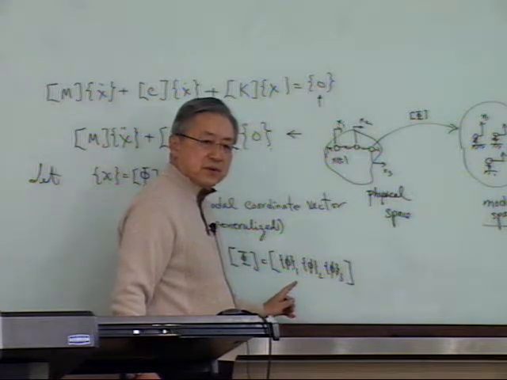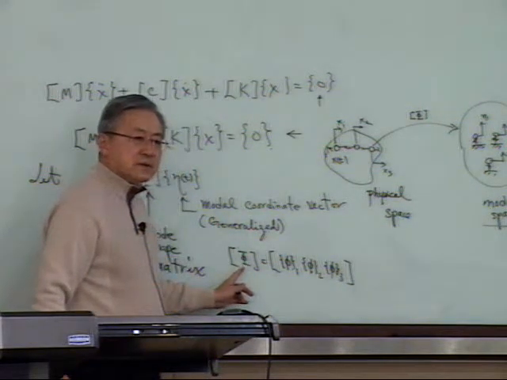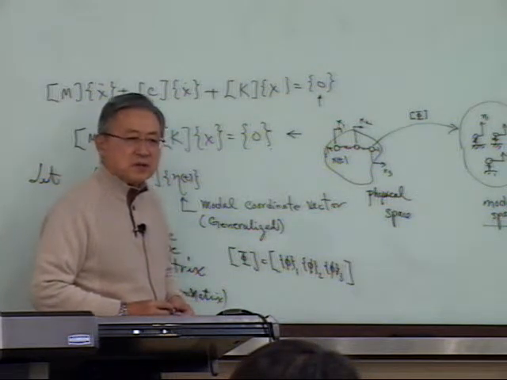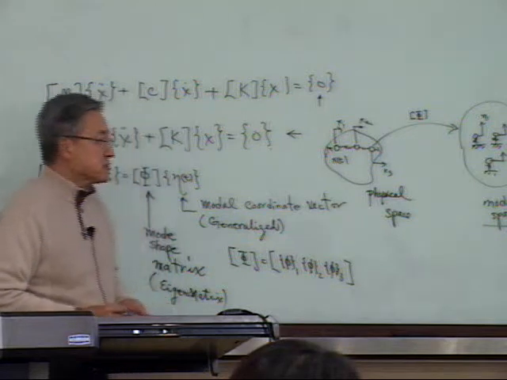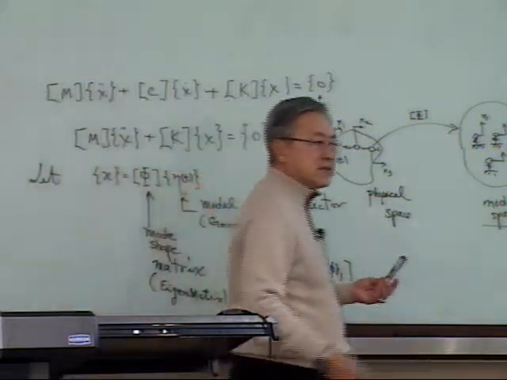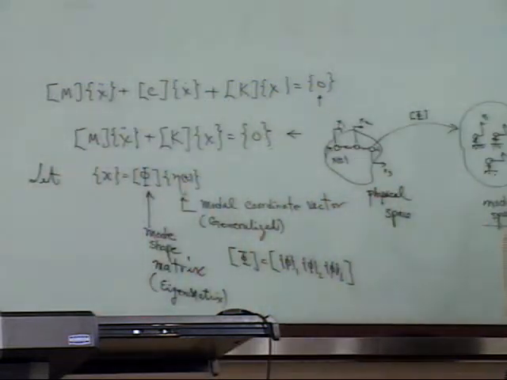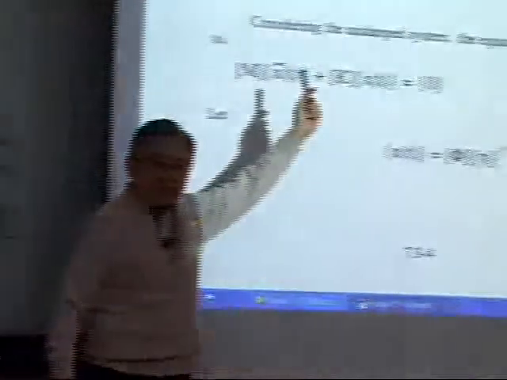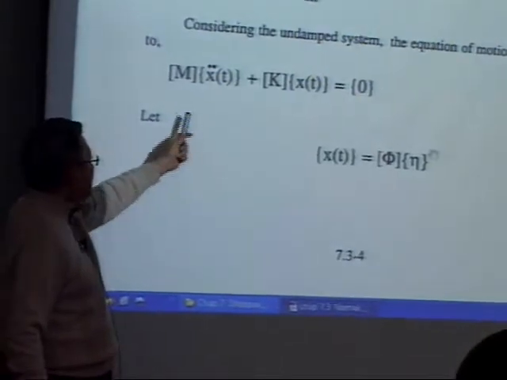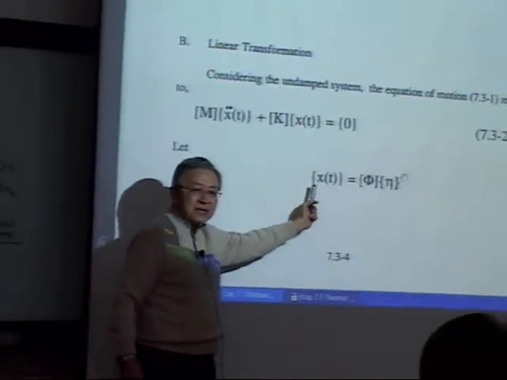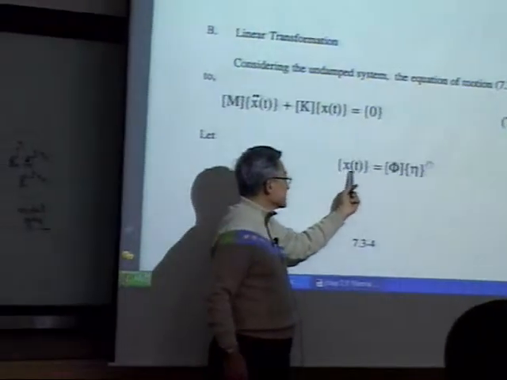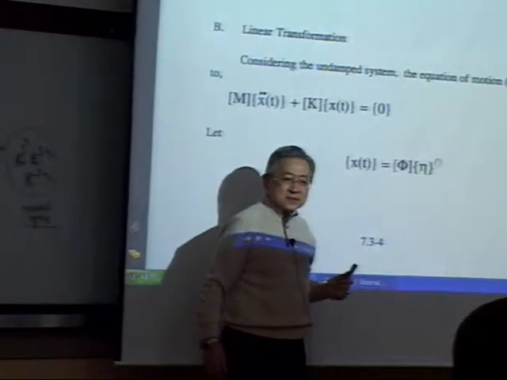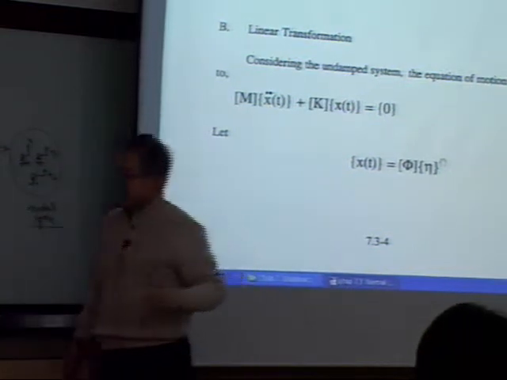Put the whole thing together, then that's called the modal matrix, or some people call it the mode shape matrix, vice versa. So all I have done here for the linear transformation, or the modal transformation, same thing, is say let x equal phi matrix times eta. Okay, just say let.